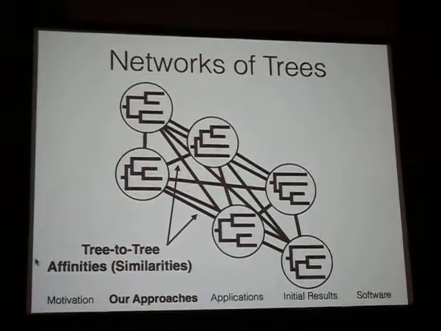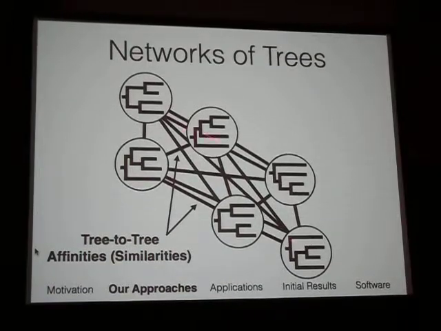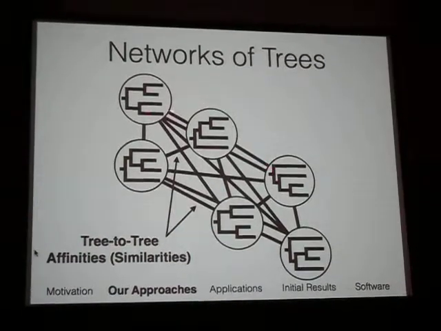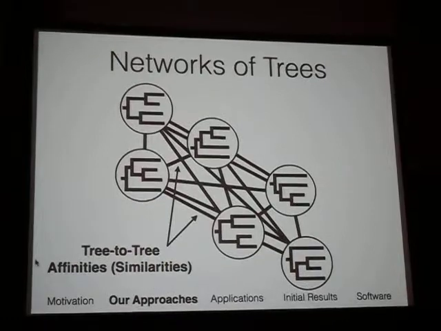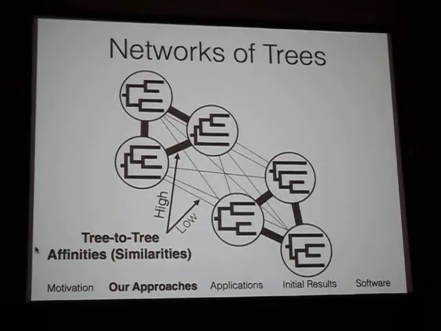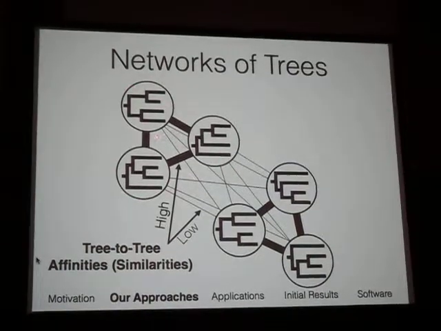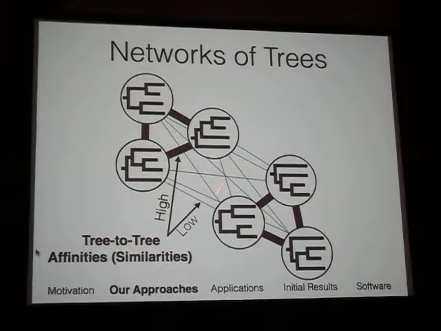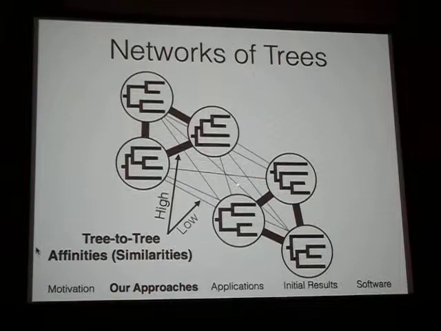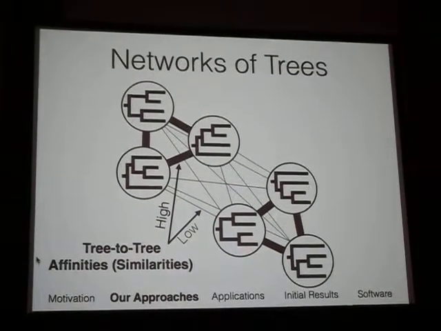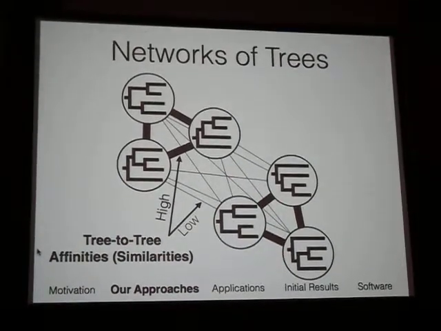So this would represent a tree set where we have relatively uniform similarities among all the trees in this set. We could also, of course, have tree sets where we have a few much more similar topologies in 2 distinct clusters. So we have low similarity edges that separate these clusters with high similarity edges in between them.